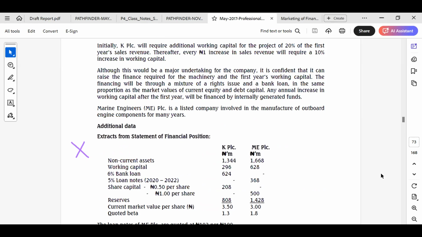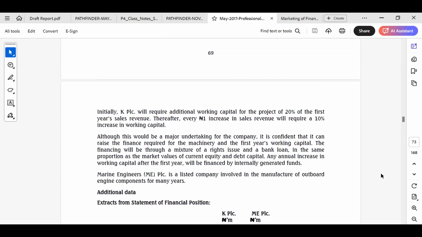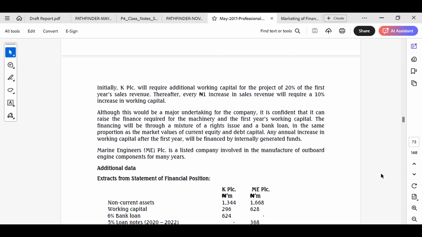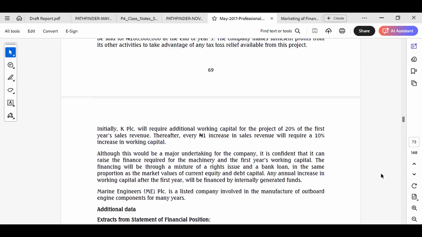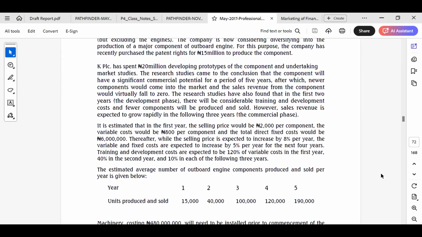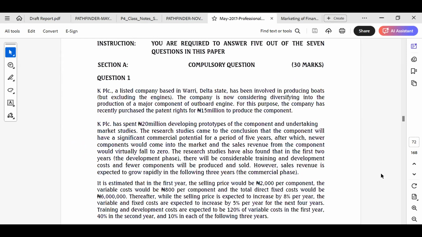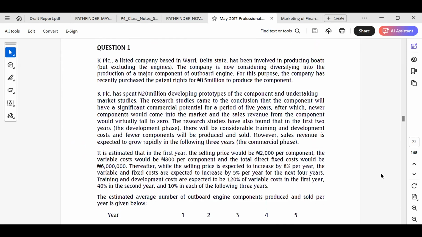So let's go to the story. I'm not going to read everything, just because it's a long question. There are like 2 or 3 topics inside this question, so I'm just going to read the first paragraph now.